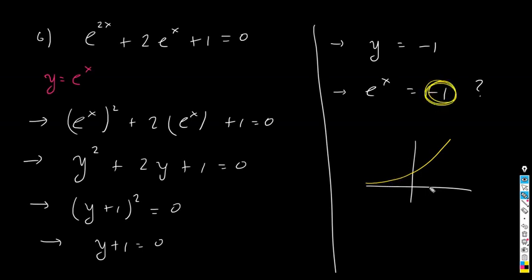For example, e raised to this particular number of x will give you a positive number, and this other number of x, e raised to that number will give you this number. So it's all positive numbers. You never get numbers in here.